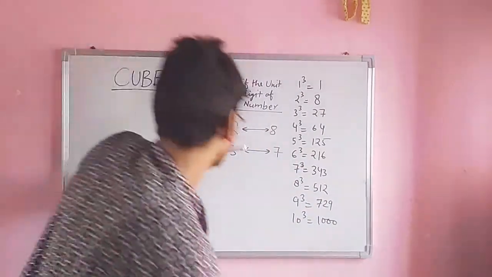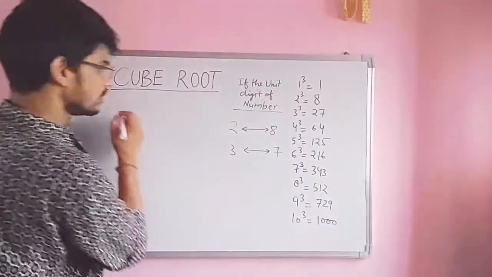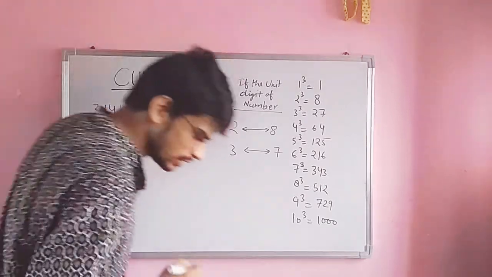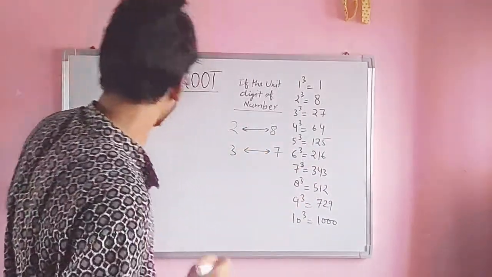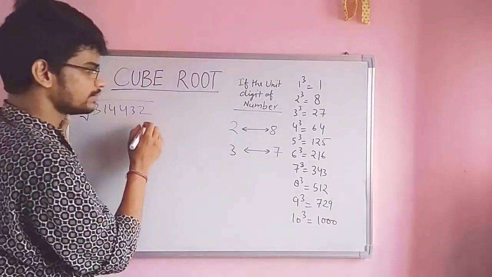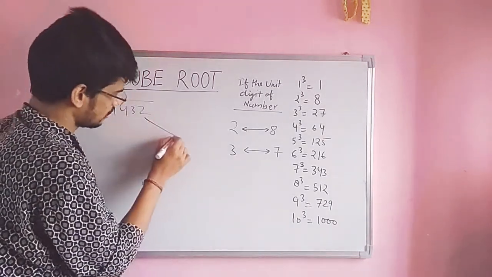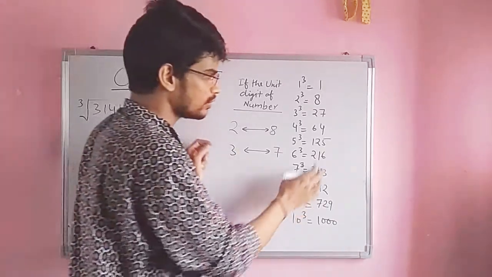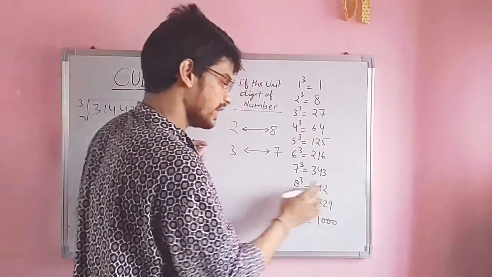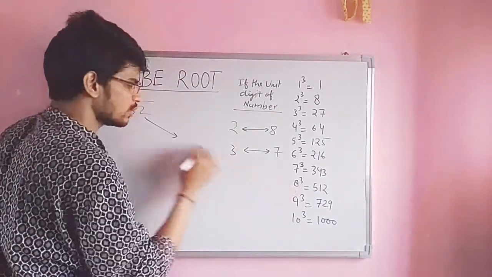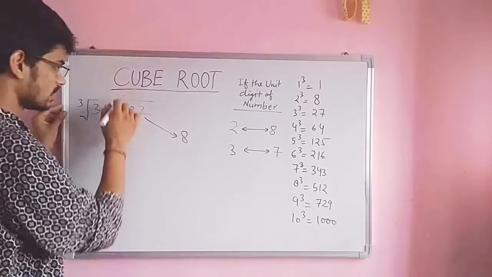Next, let's take an example of this one: 314432. If ending on 2, then its cube root's unit digit is 8. Clear?